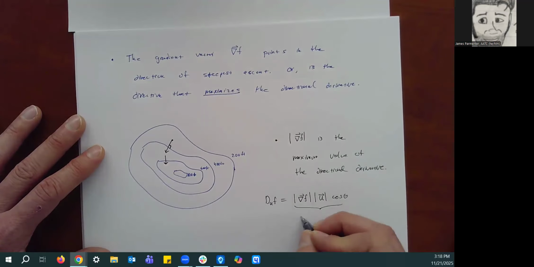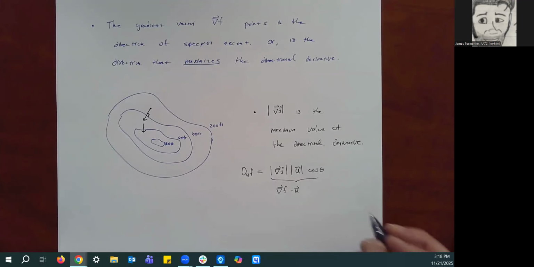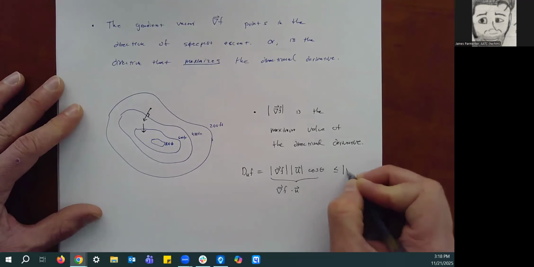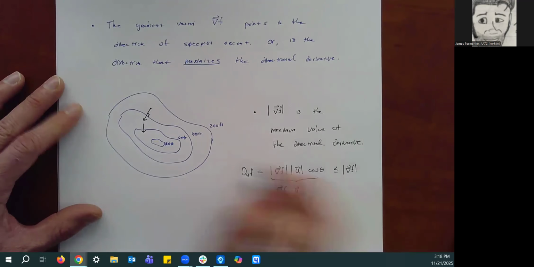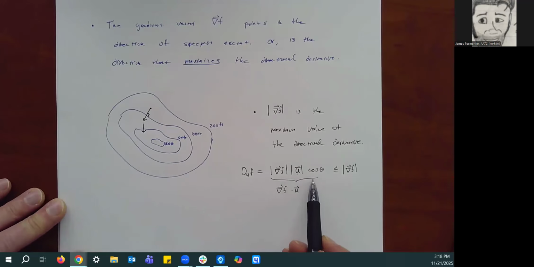That's your gradient dotted with u. The maximum this can ever be is just the magnitude of that gradient, because the magnitude of u is 1 and cosine of theta is at most equal to 1.